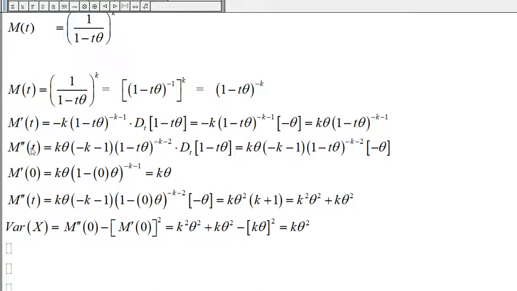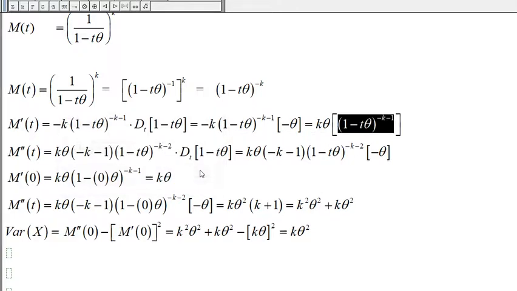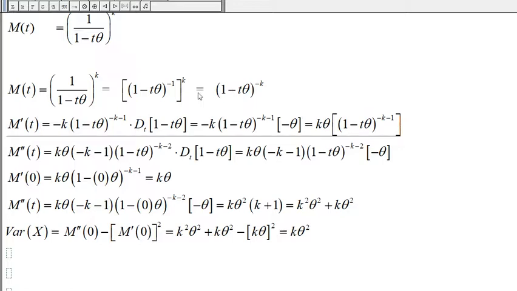Now let's do the second derivative. So we have k theta, and again we want the derivative of this expression right here.